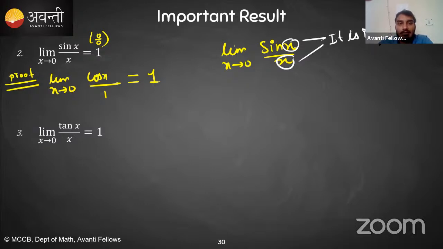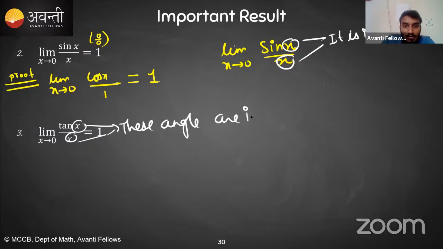That you should remember. Is this clear? Similarly, limit x tends to 0, tan x upon x is 1. Again, these angles are in radian. These angles are in radian. Clear?